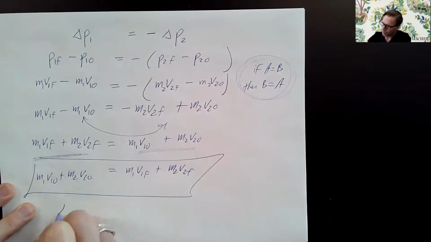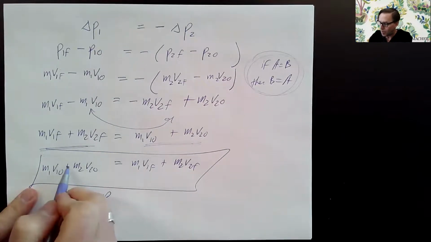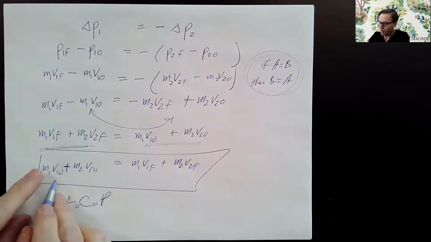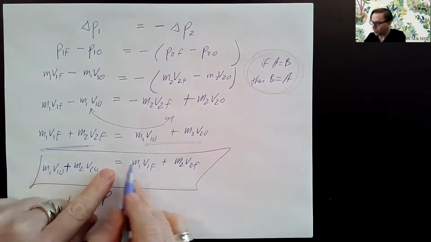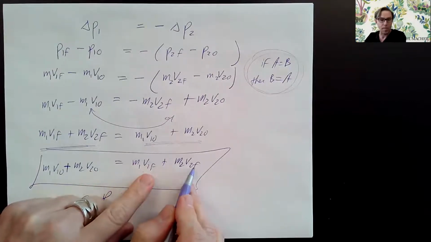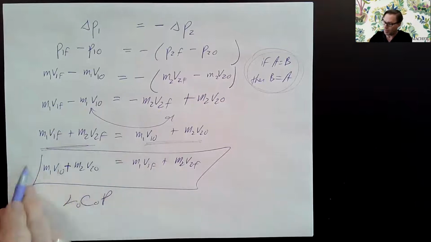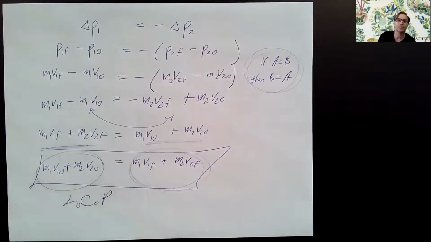This is my law of conservation of momentum. The sum, the total of the two objects, 1 and 2, momentum at the beginning, is equal to the sum of the two objects' momentums at the end. The total momentum at the beginning equals the total momentum at the end.